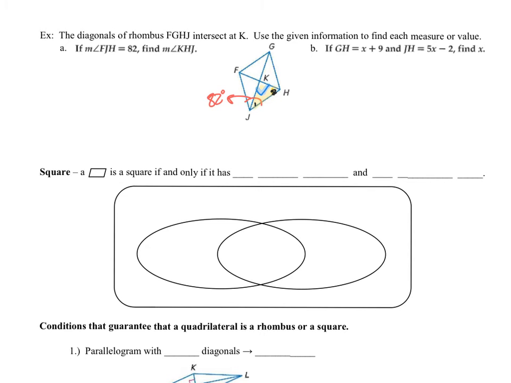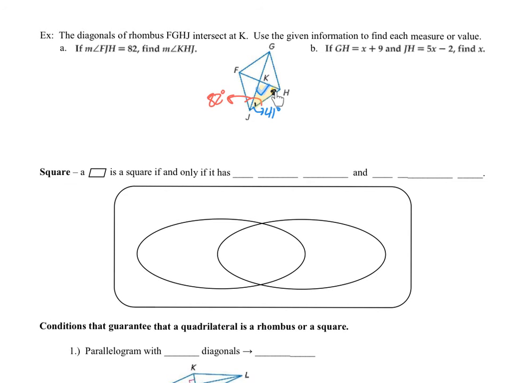Angle 1, we know that angle 1 is going to be 41 degrees. So angle 1 is 41 degrees. Remember, we just proved a minute ago that the diagonals of a rhombus bisect opposite angles. So if this whole red arc is 82 degrees, that means angle 1 is 41 degrees.